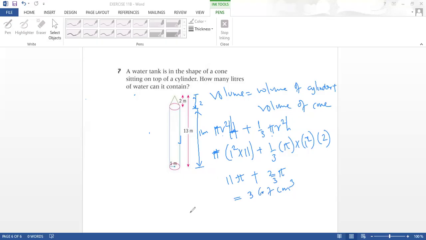It's to three significant figures. So the capacity in terms of liters, the conversion is 1 liter is equivalent to how many cubic centimeters? Let me just use my conversion to convert that. Yeah, so this one will be 36,700.